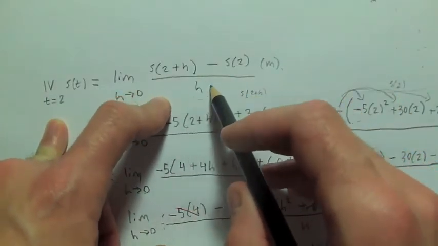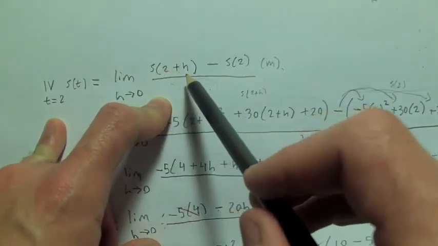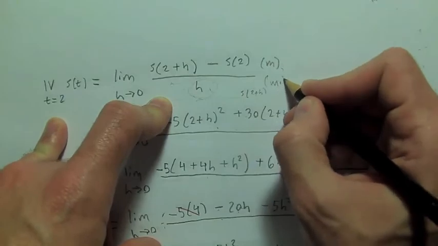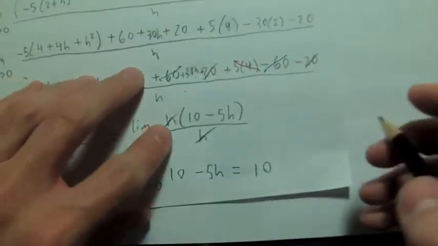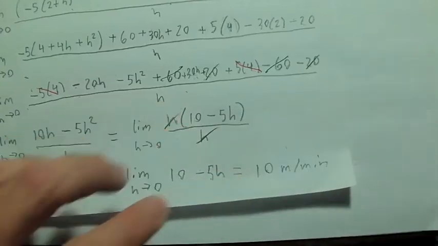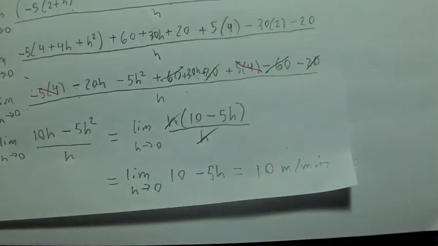Now, what about this? This is still a difference in T. T is going from 2 plus h to 2. So this is still in minutes. So this answer is meters per minute. Now, if you are ever asked to interpret a rate of change, it's always a fraction. Always. Why?